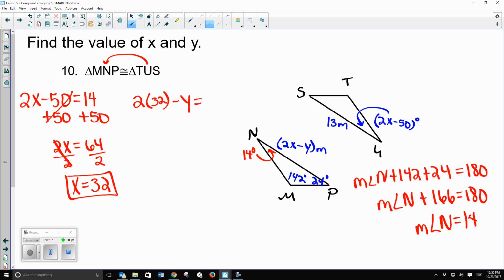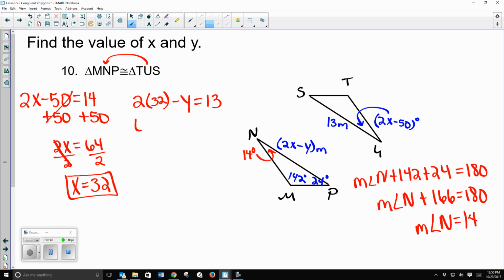And we have to look and see, well, it's more obvious that NP is congruent to SU, but we want to make sure. NP and US would be the same as SU. These two are congruent. Remember doing that on Friday where we had to match up the parts? So it is equal to 13.